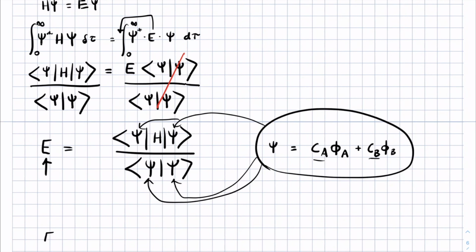So how do we do that substitution? Well, we could just bring in that linear combination representation of the wave function. We apply the Hamiltonian to it here.